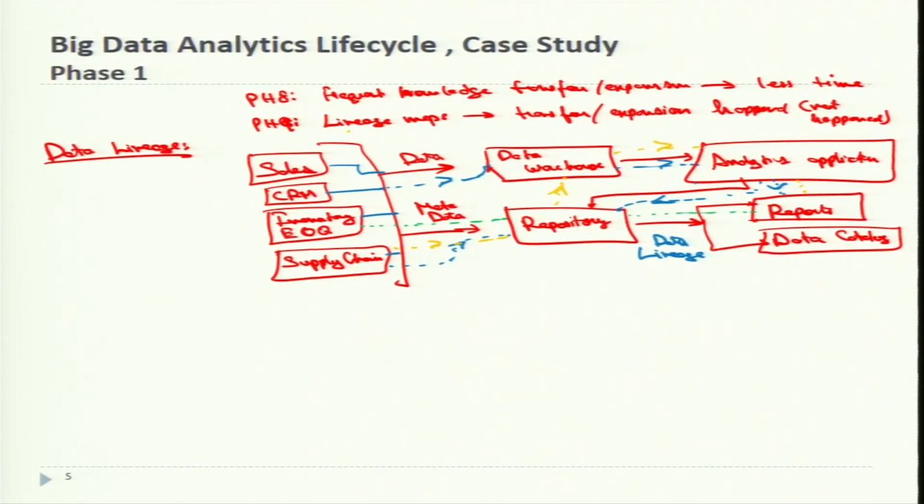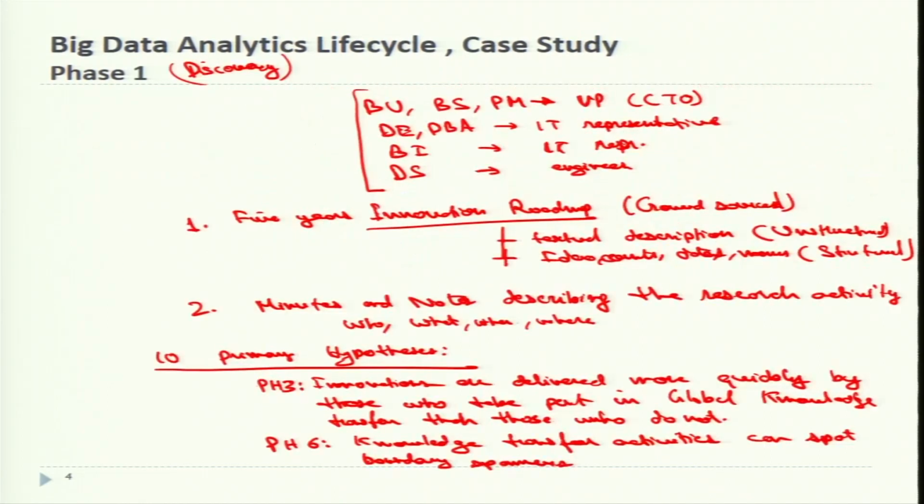So, this was one of the hypotheses that were designed: the data lineage maps can show when the transfer and expansion of knowledge happened or did not happen, and when it produced a corporate asset or not. The group now had two kinds of analytics. In the previous slide, we majorly had descriptive analytics, which means what is happening right now, to encourage more innovation or more teamwork.